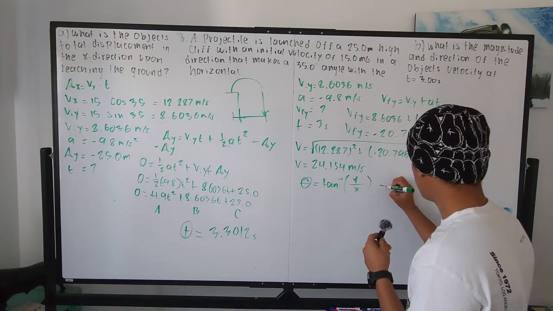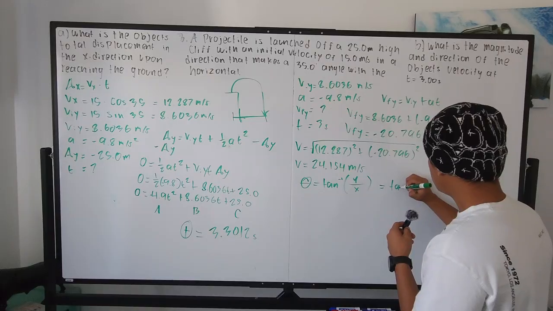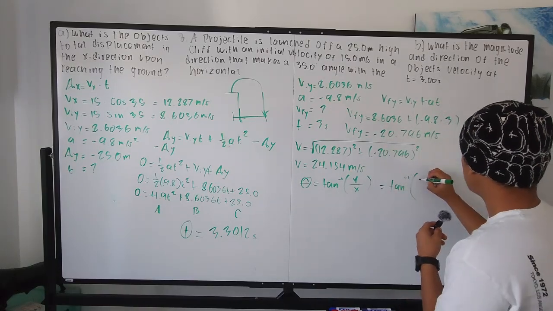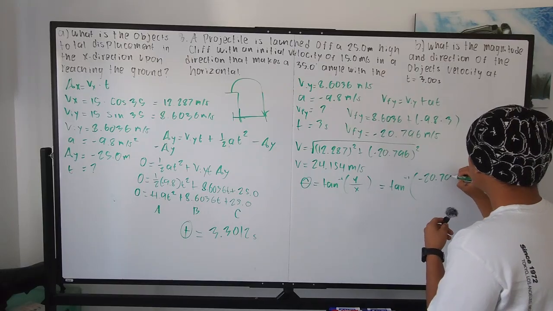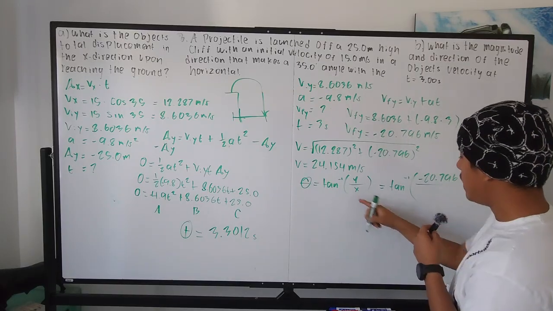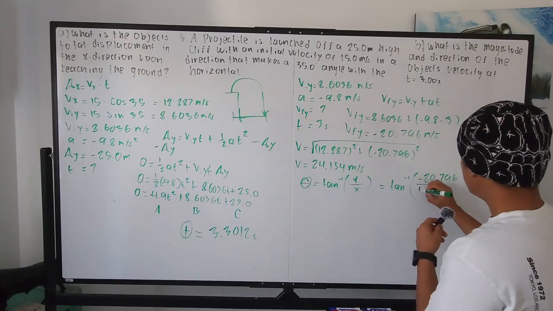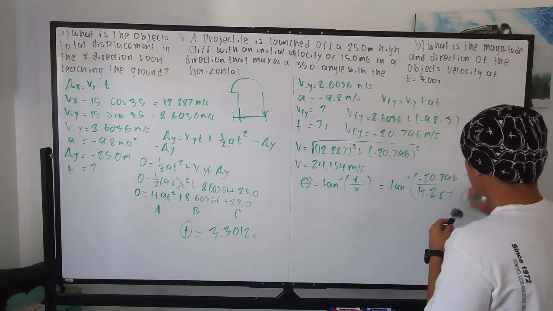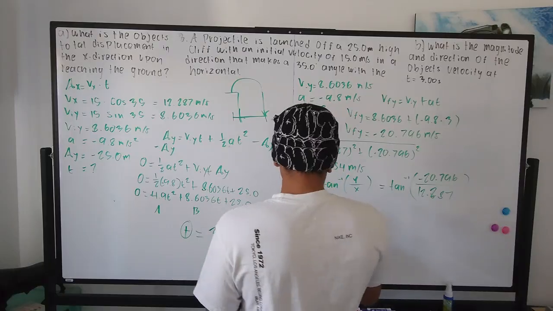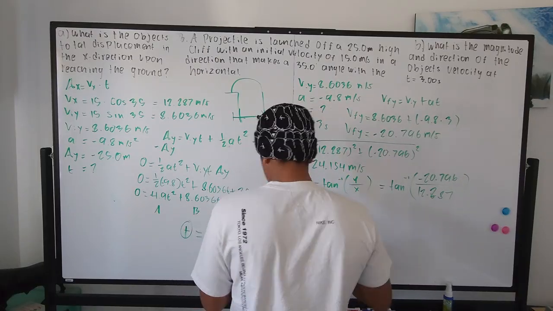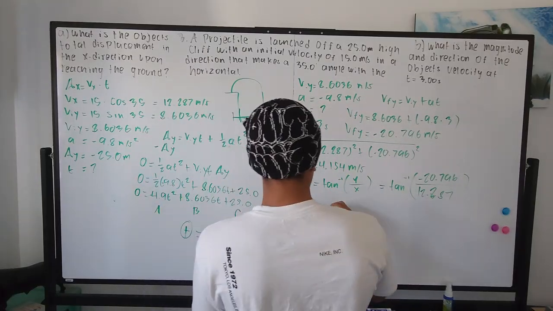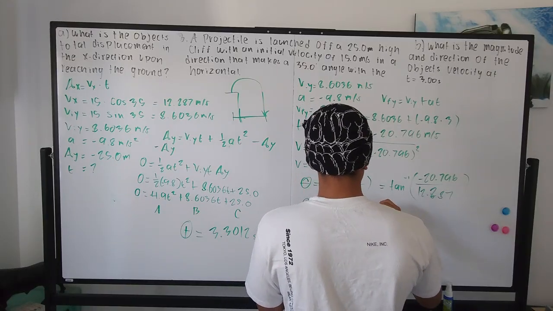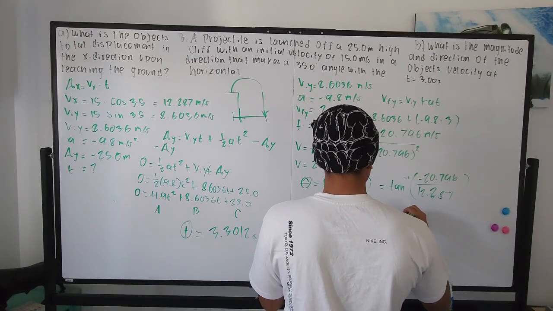So now, plugging in our values, we get tan inverse of the y, which was negative 20.796, all over the x, which is 12.287. Plugging that into the calculator, you get that the angle is equal to negative 59.4, and that, of course, will be below the horizontal.